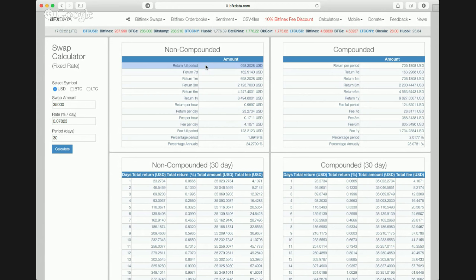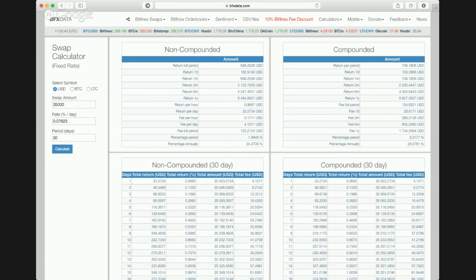Now the situation on the compounded one is very similar to most investments. Let's say you are investing on top of what you're getting, right? So if you compare the two columns over there, you see the amounts change a little bit.